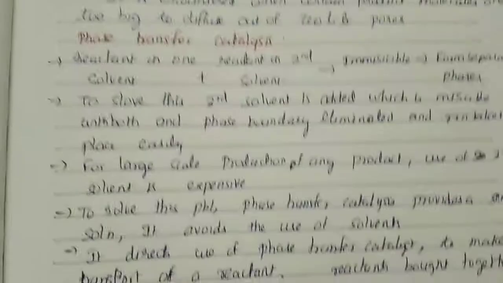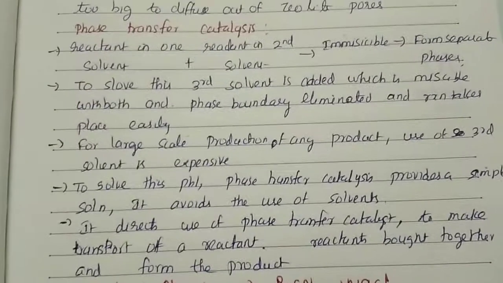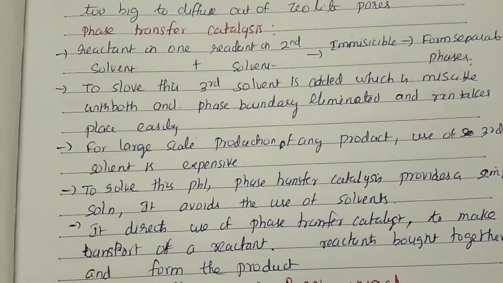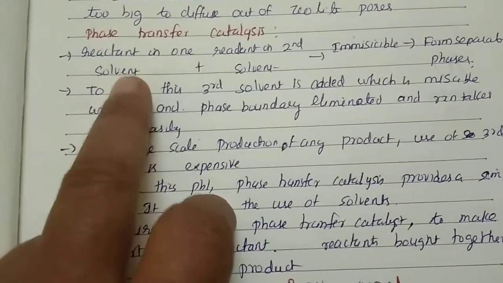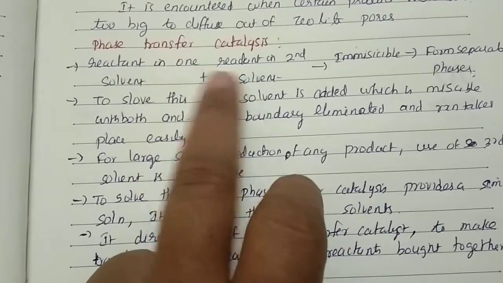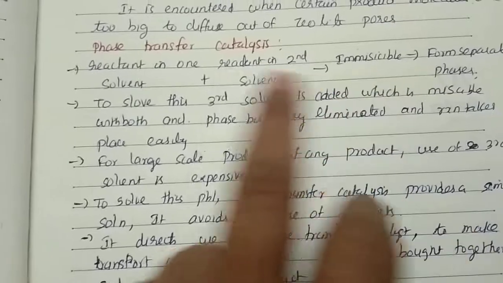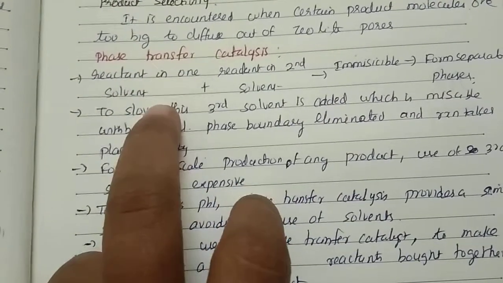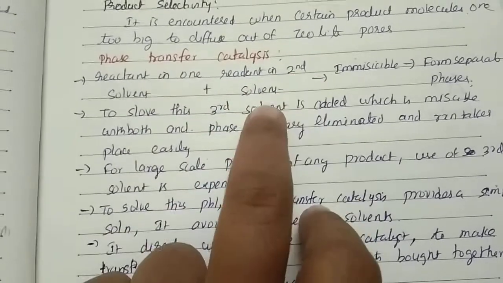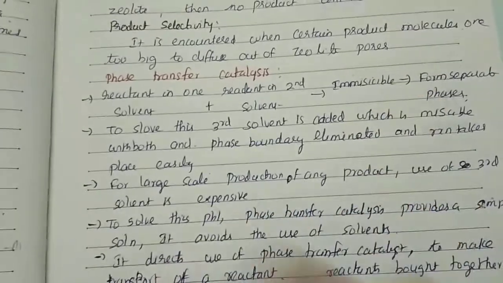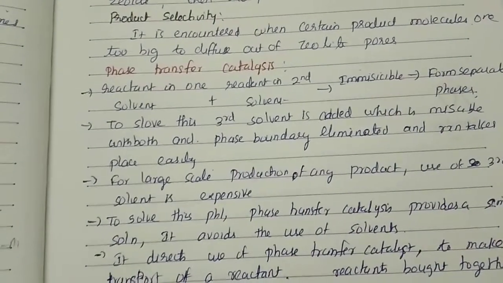Next, phase transfer catalysis. Here there is one reactant dissolved in one solvent and another reactant dissolved in a second solvent. These two solvents are immiscible, so they form separate phases.